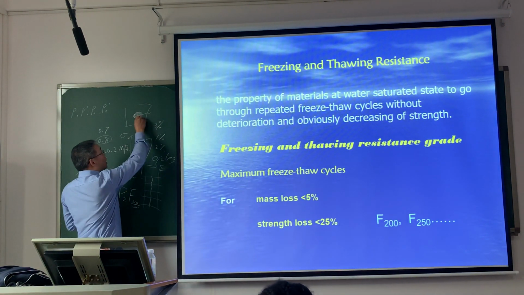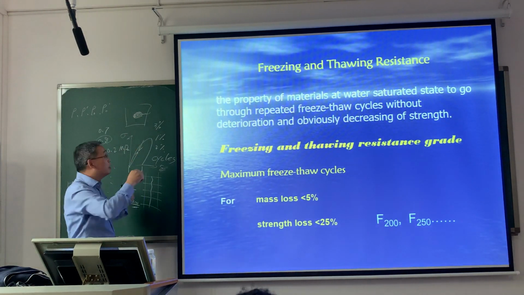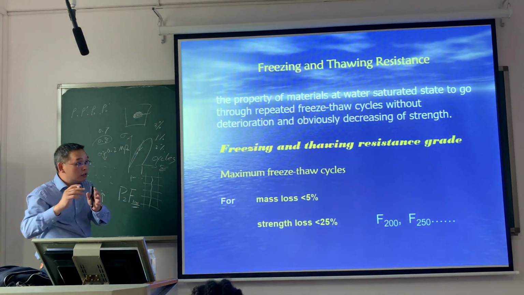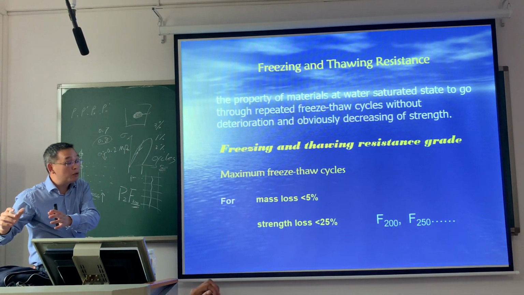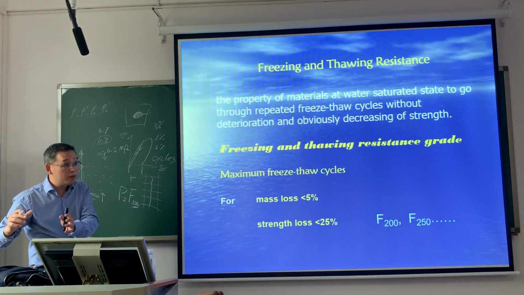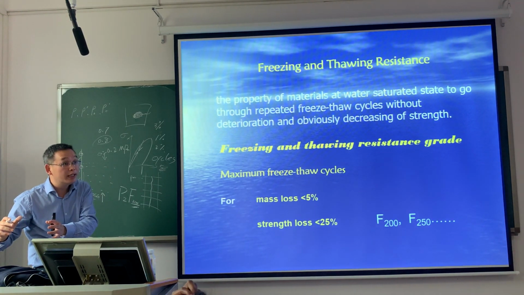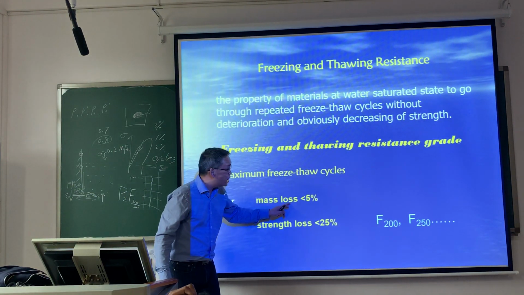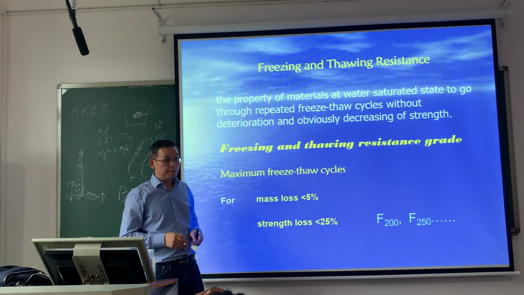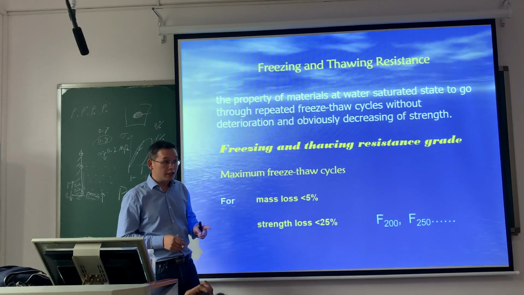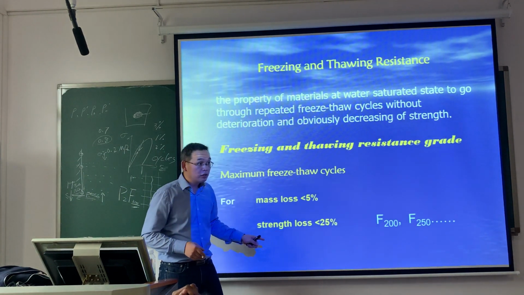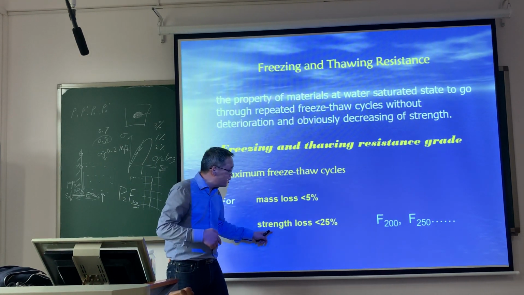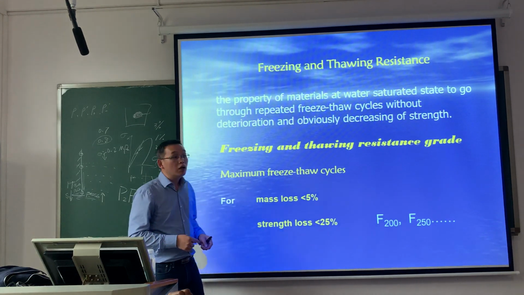Because at the expansion, some substance will get out with the water. So there is mass loss. The mass loss is below 5%. The second is the strength. The strength will decrease, not bigger than 25%.